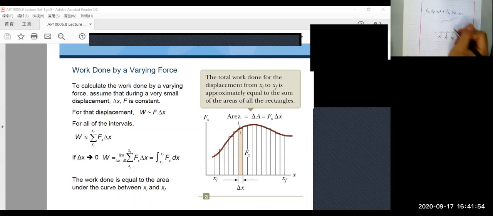So the force has changed. We just calculate the work done by adding up the work done in different regions.